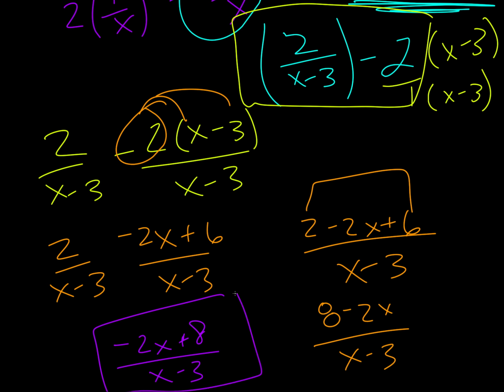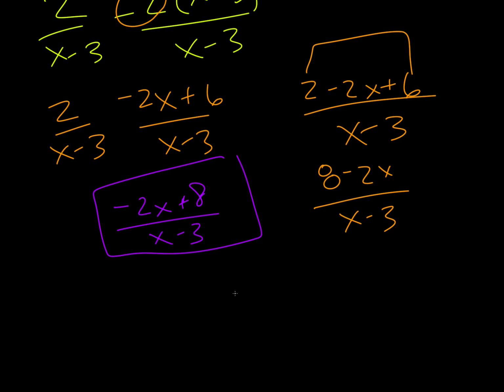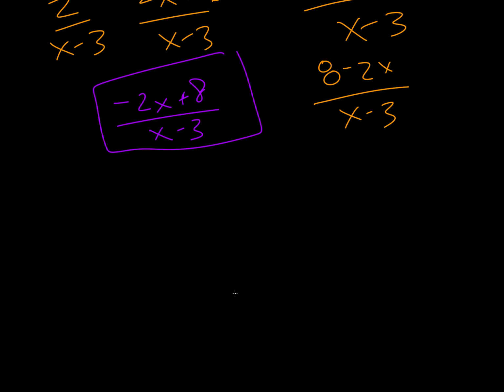Alright, so that answers the first part of the question. Now it says find the asymptotes of g of x. So this is equal to g of x. Now we know we have a vertical asymptote at x equals 3, because that would create division by 0 if we plugged in a 3.